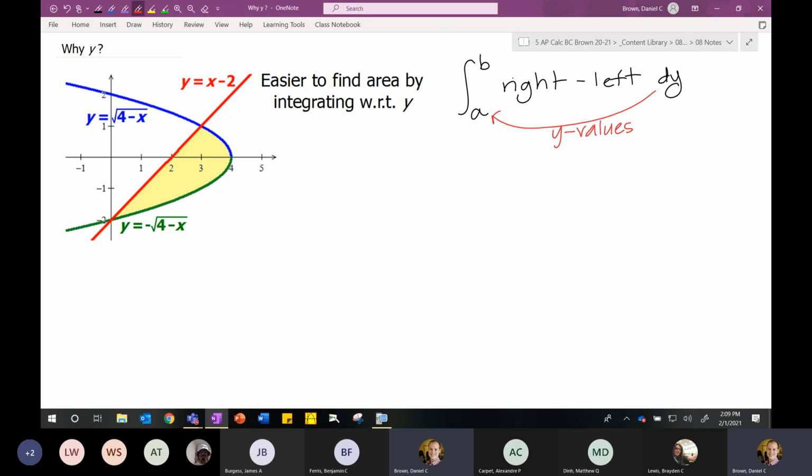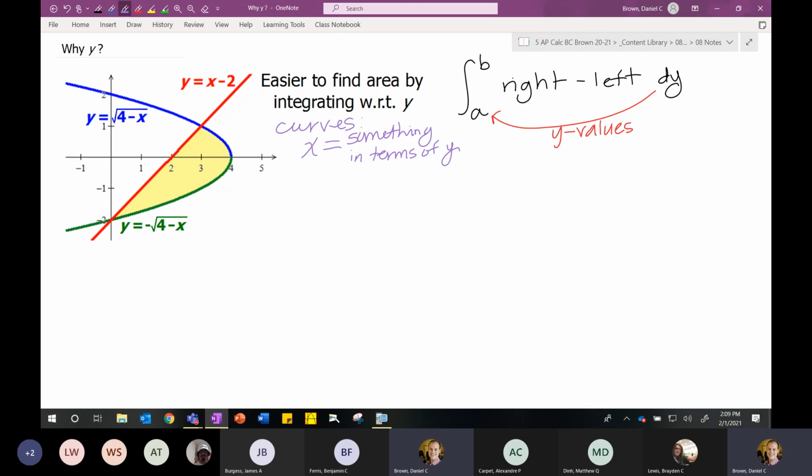So your functions themselves, actually I shouldn't call them functions because they may not be a function. The curves themselves, you're going to write them in the form of x equals something in terms of y. So instead of y equals something in terms of x, you want to put it into x equals, and then basically the y is going to be on the other side of the equal sign.